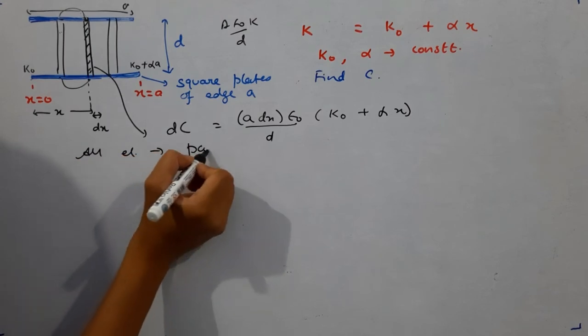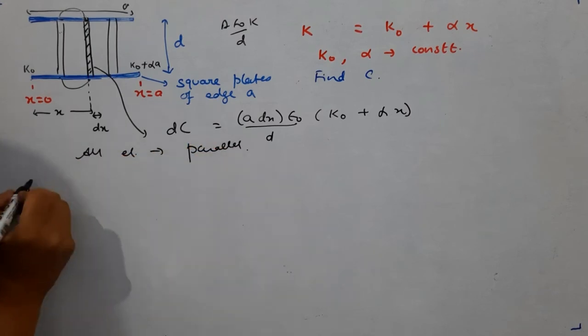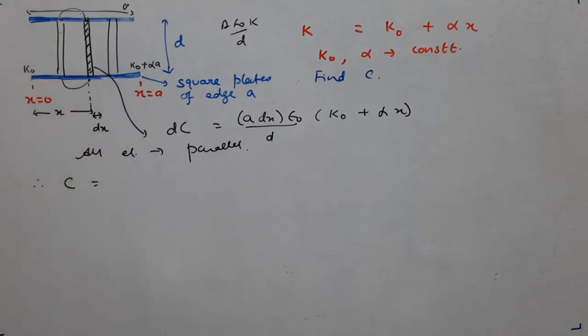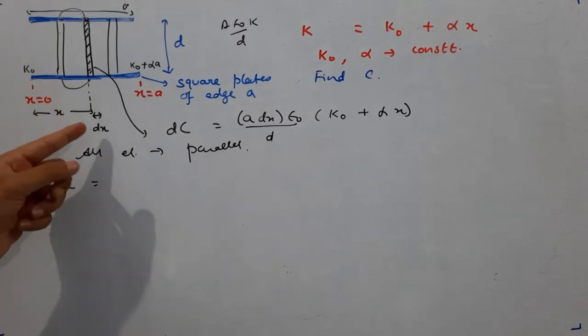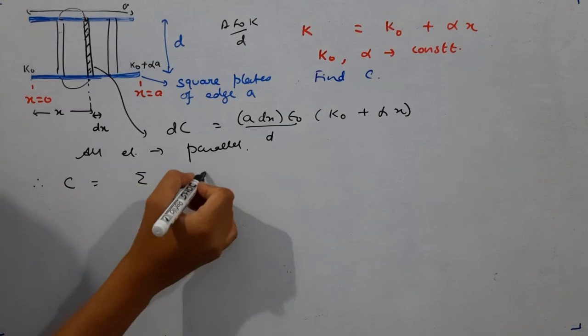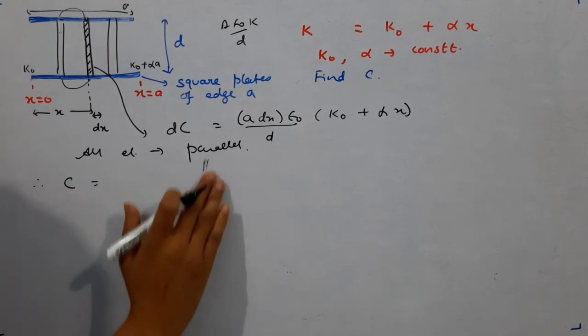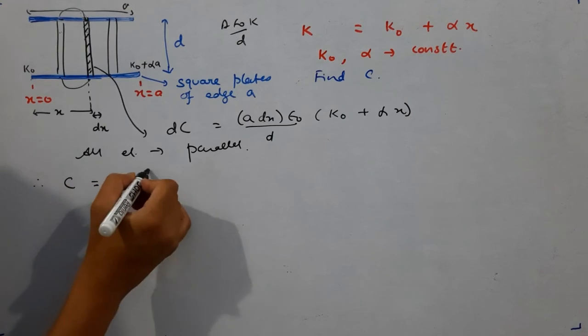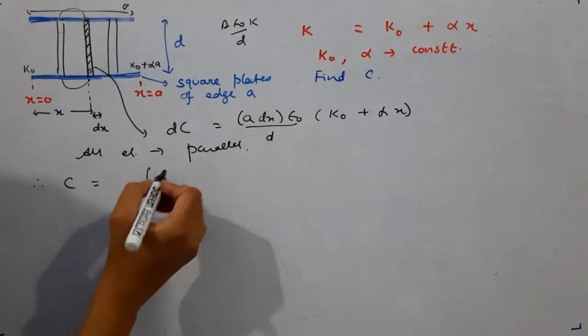So all these elements are connected in parallel, and therefore net capacitance C will be summation of them. But because I am choosing differential length dx, the number of such elements will become infinity. So instead of summation, we should use integration. Is it clear? So the total capacitance in parallel is a summation, but summation will be replaced by integration of this factor.